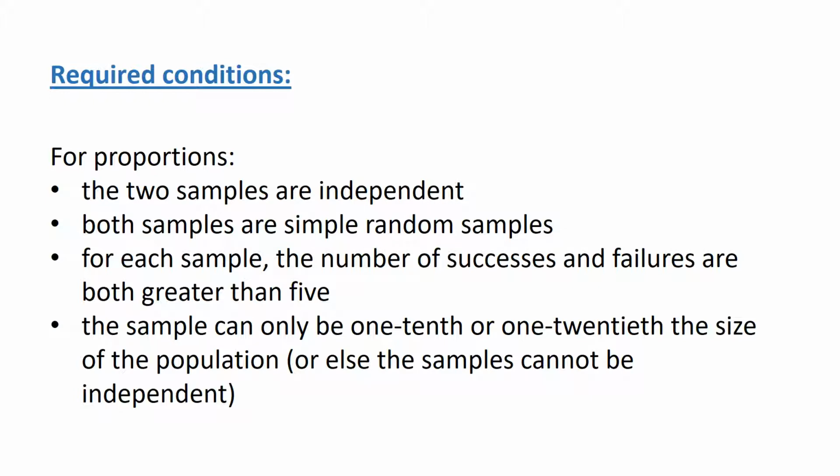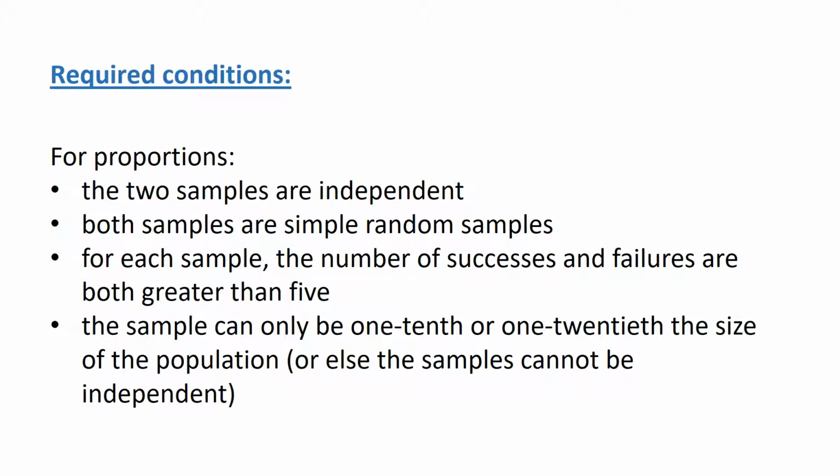If our samples are too big compared to the size of the population, then when we take our samples, we are changing the proportions of successes and failures that are left enough that our samples are no longer independent. Each individual subject in a sample has to have about the same probability of a success or a failure.